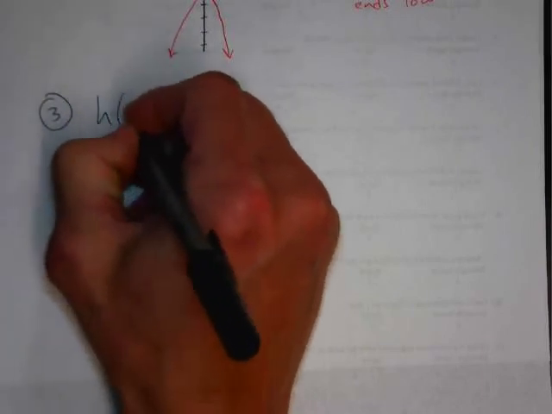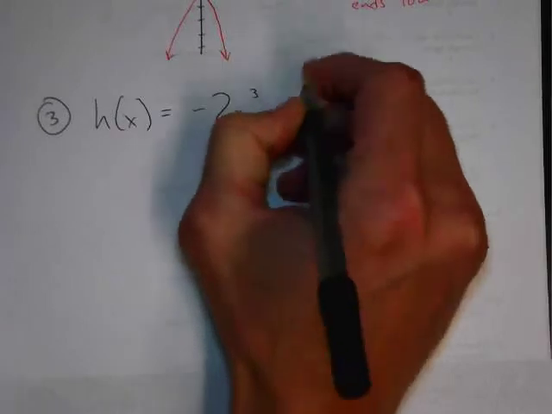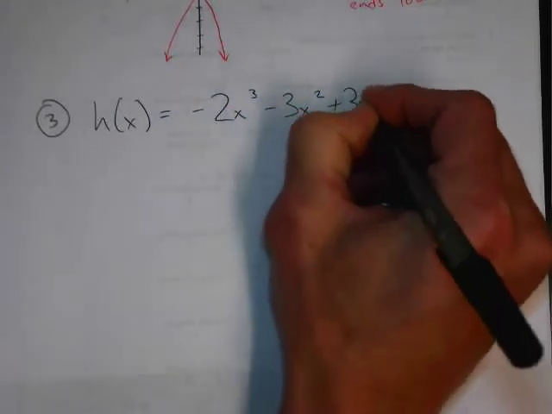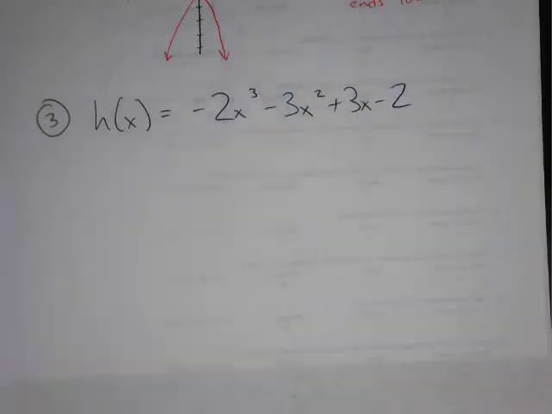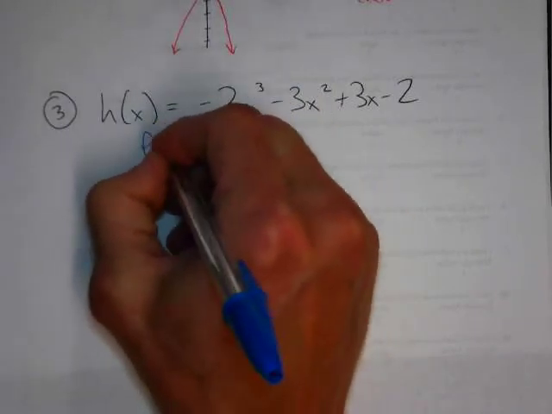We have h of x is equal to negative 2x to the third power minus 3x squared plus 3x minus 2. And again, you can use a table of values. But I'm not going to. I'm going to use the parent function.